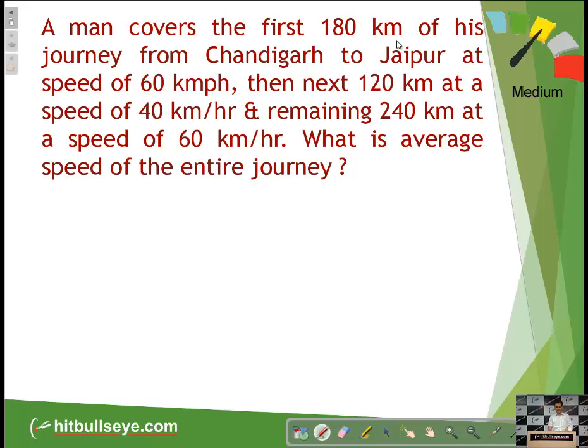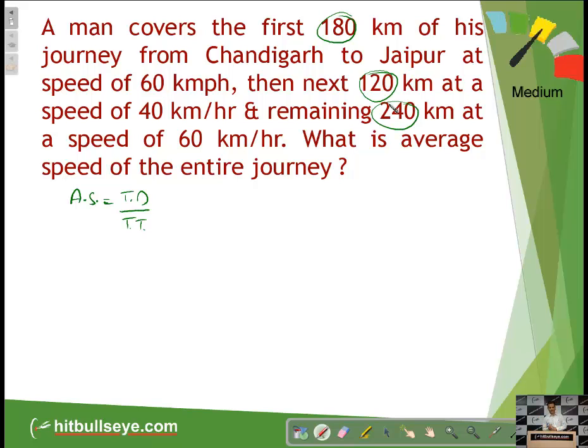As we are already aware, what is average speed? Average speed is equal to total distance upon total time. Now we have to find total distance. Distances are given: 180, 120 and then 240.